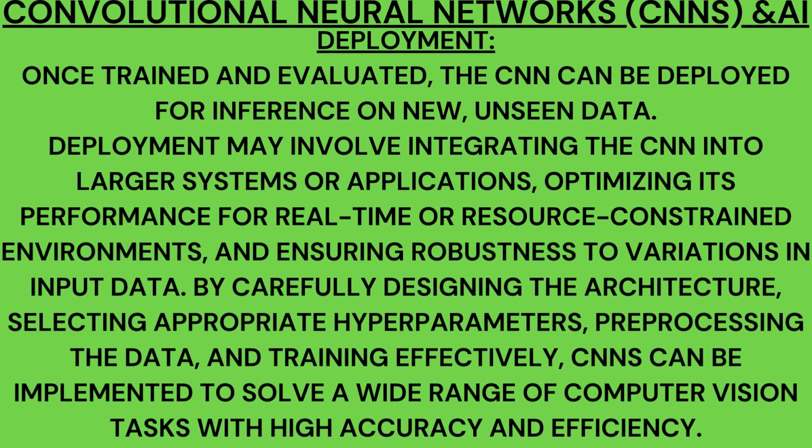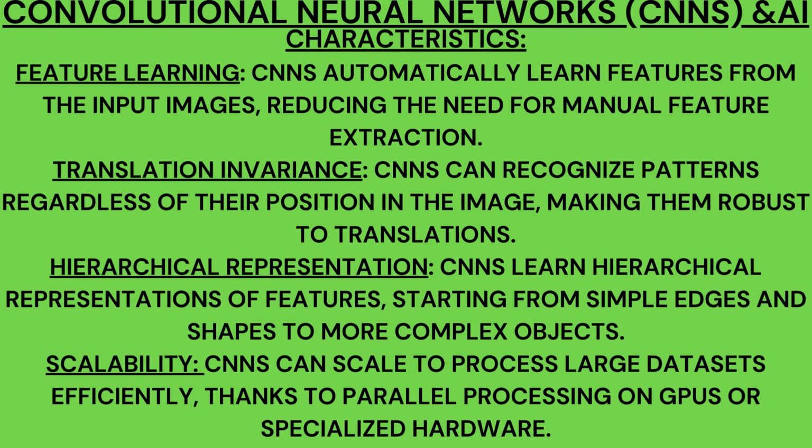Characteristics. Feature learning. CNNs automatically learn features from the input images, reducing the need for manual feature extraction. Translation invariance. CNNs can recognize patterns regardless of their position in the image, making them robust to translations. Hierarchical representation.